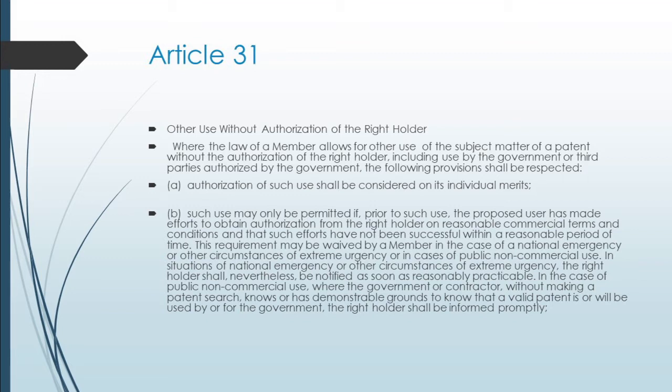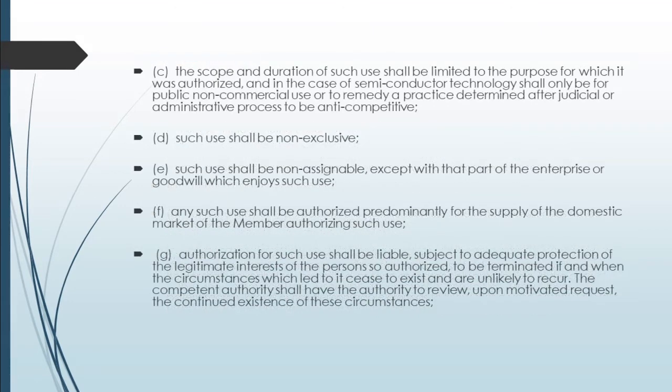A commercial use at a large scale is generally not permitted. The scope and duration of such compulsory license should always be mentioned while it is being issued. It is always non-exclusive and non-assignable. That means once a compulsory license is issued, it cannot be assigned or transferred further to any other person.